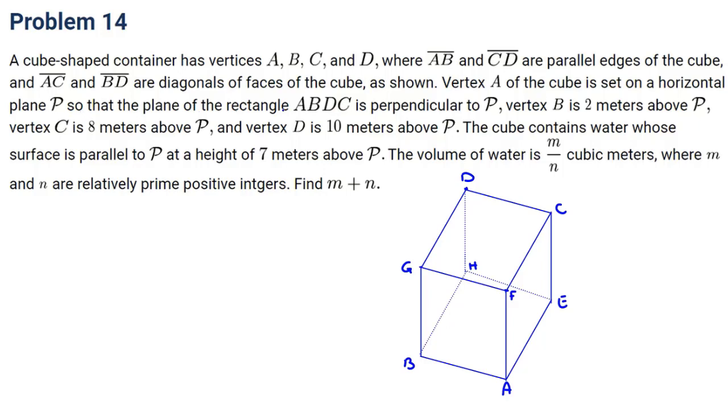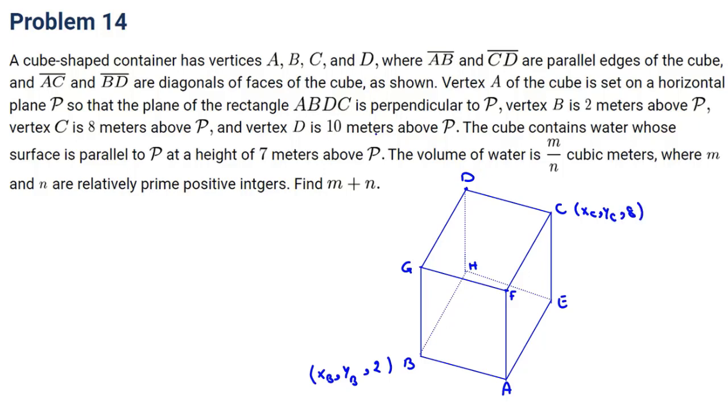So we consider the horizontal plane such that, let me explain, in the rest of the problem I will tell you, the plane of the rectangle ABCD is perpendicular to plane P. Vertex B is 2 meters above P. So we consider P, the Z is 0, and without loss of generality, we can consider the distance to be equal to their Z. So for B it is 2, and so let's write, for example, YB, XB, and then vertex C is 8, so it will be XC, YC, 8.